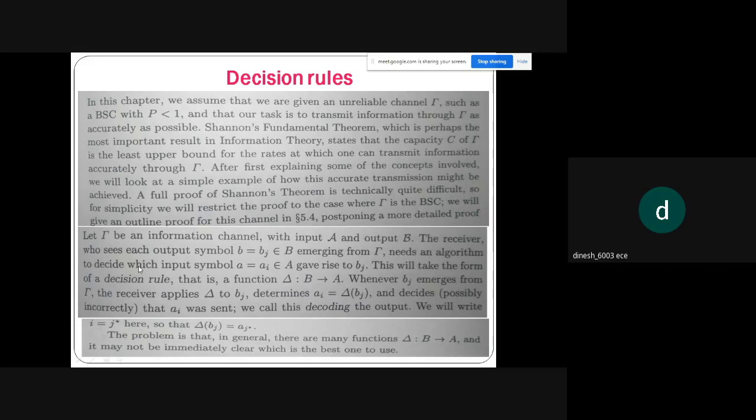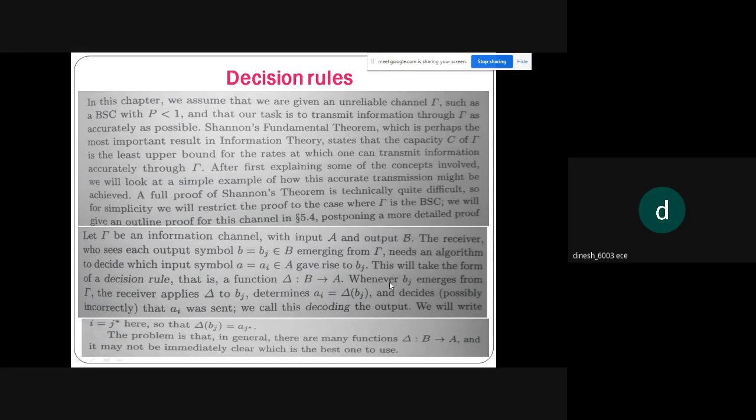So the receiver has output symbol B equal to Bj belonging to B. As we had seen in problems, the output represents i equal to 1 to M in the same way, and X having j to N. The same way we are representing in terms of Bj for output and in terms of input Ai. So this is the difference, that's all.